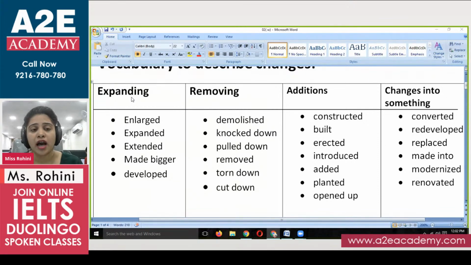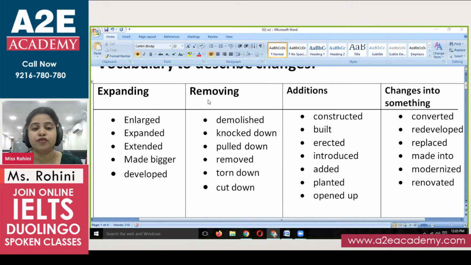But after a decade, in 2000, the number of residential areas were enlarged. Many buildings and apartments have been built there for residential use. So for such kind of change, you can use these words like expand, enlarge, expanded, extended, made bigger or developed.